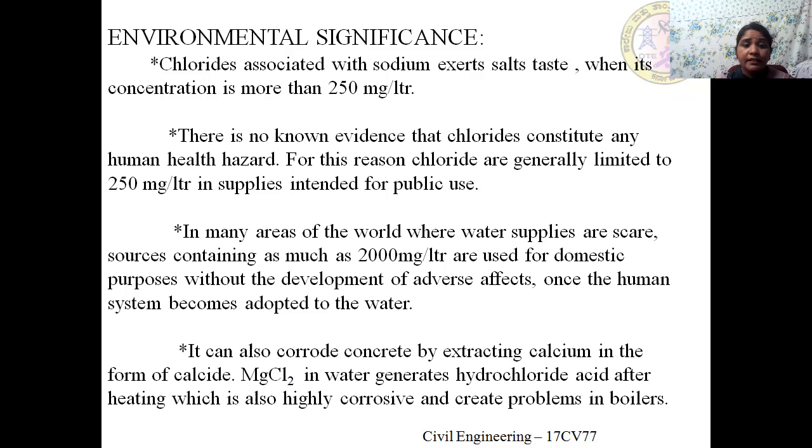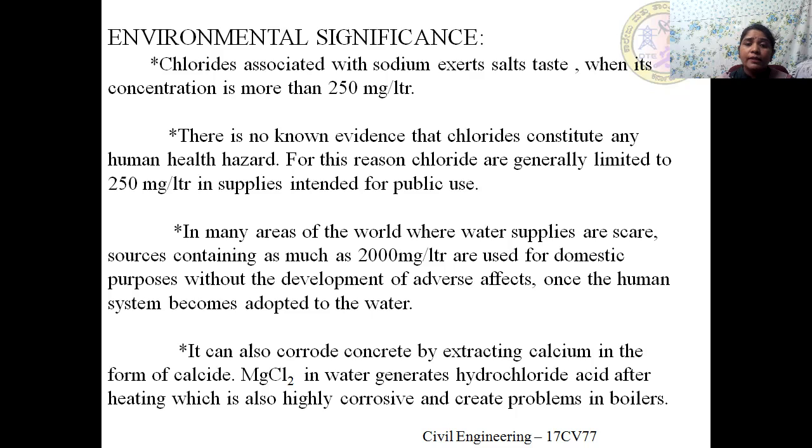But yet, in many areas of the world, there are scarce water supplies. They don't have more sources. They are dependent on a few sources which are available, and that particular source may have a large amount of chloride. Inevitably, they need to use the source because they don't have any other alternative.